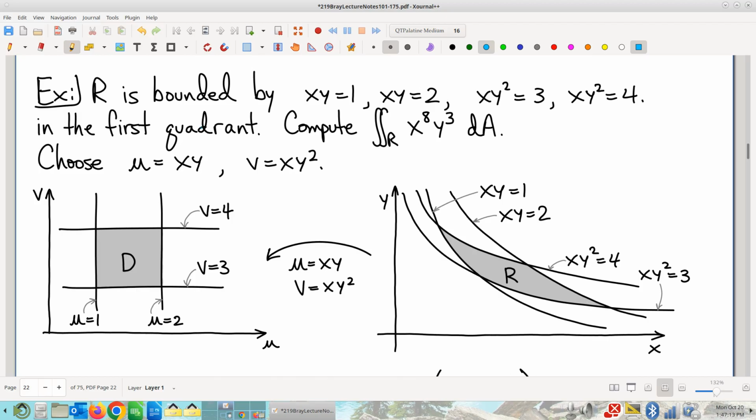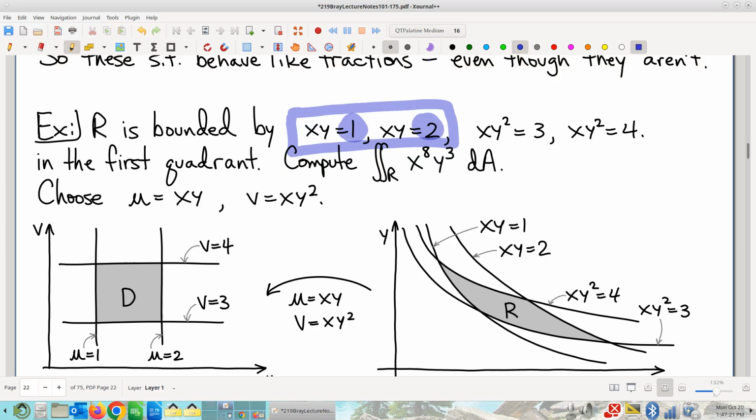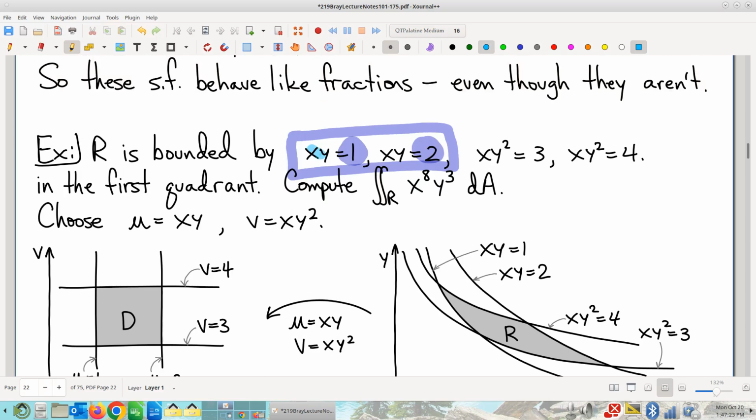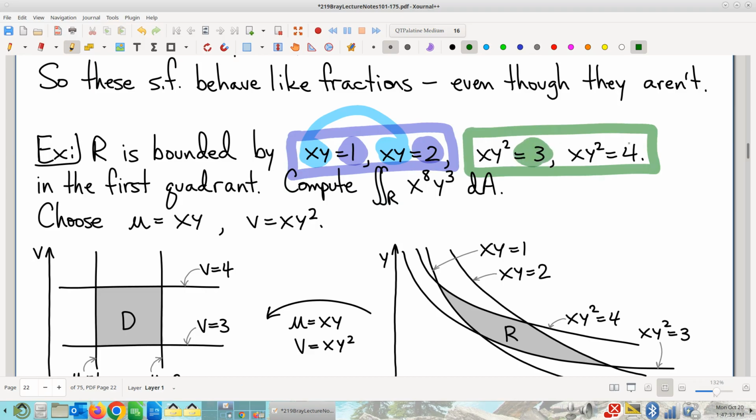In cases like this, where 2 of the curves are level sets of the same function, and the other 2 curves are level sets of another function.